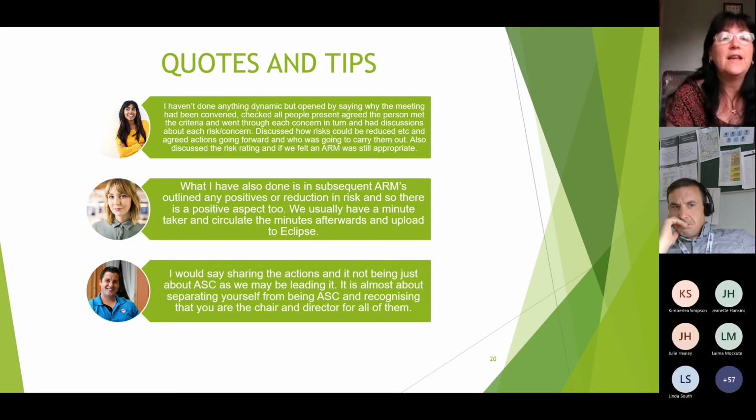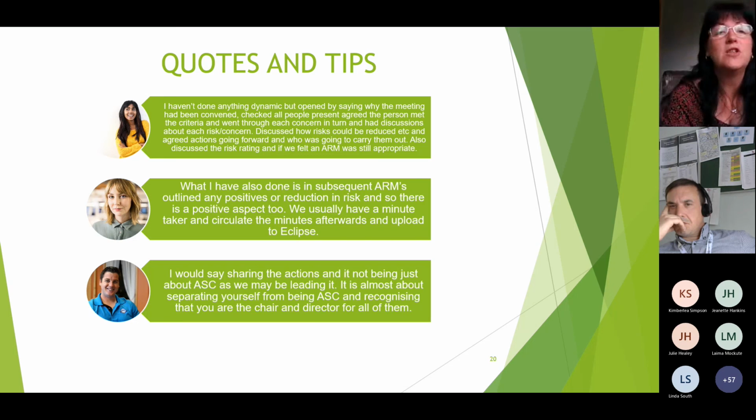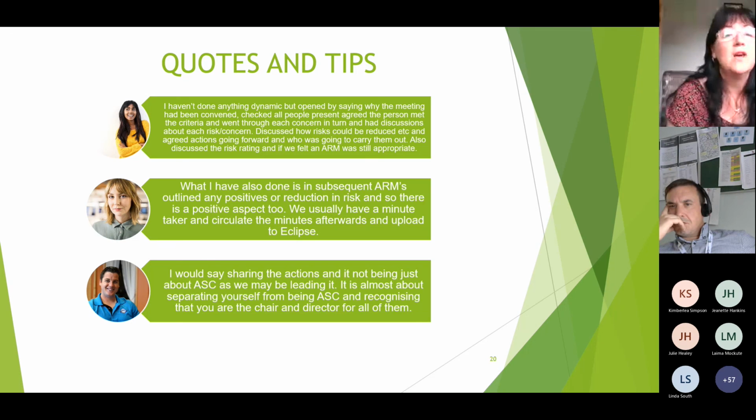I haven't done anything dynamic, but opened by saying why the meeting had been convened, checked all people present, agreed the person met the criteria, and went through each concern in turn and the decision about each risk concern. So they discussed how risk could be reduced, and agreed actions going forward, and who was going to carry them out.